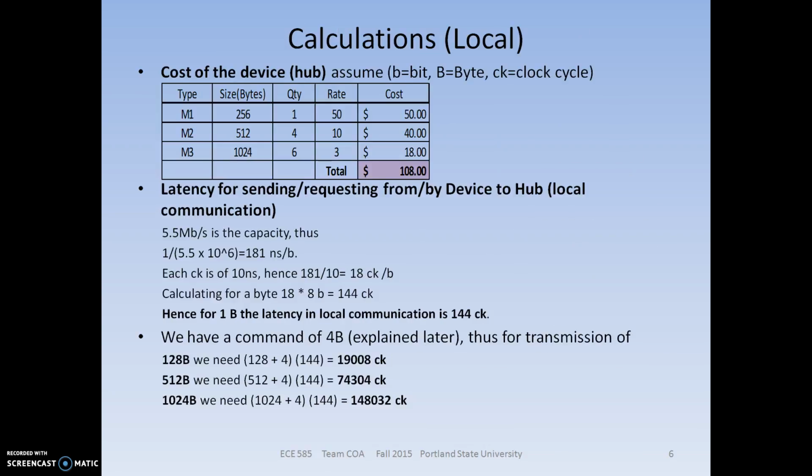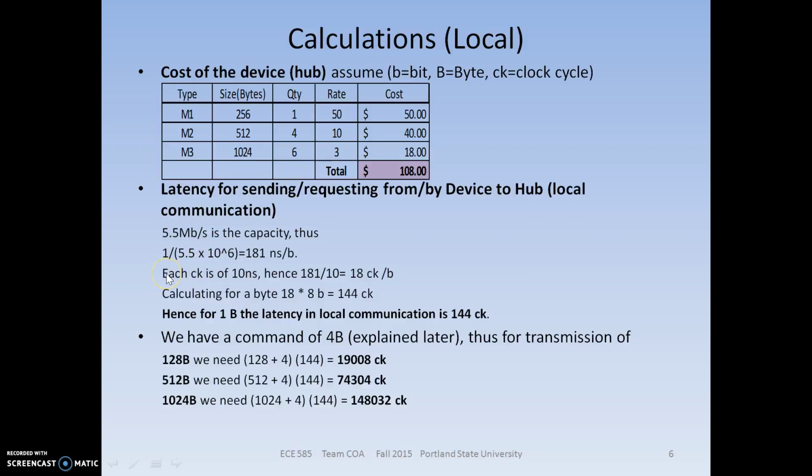We have done the following calculations for local communication. This is the cost of the device, which is $108. We have done this calculation according to the given values. Then the latency for sending and requesting from and by device to hub will be 5.5 megabits is the capacity.